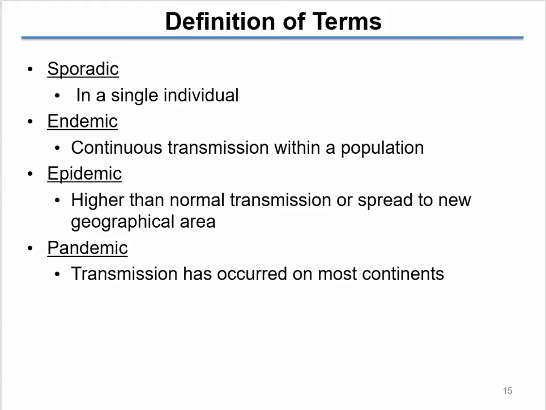So it just goes around and around. Now, epidemics are when there's more than usual, and it spreads to a larger area. Pandemic is when it covers the entire world. So sporadic is the least, and pandemic is the most.